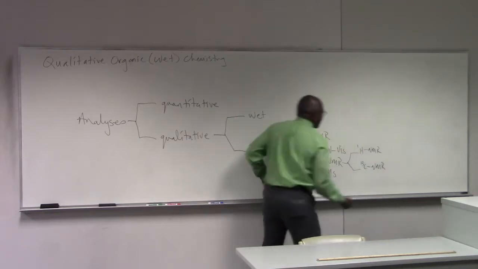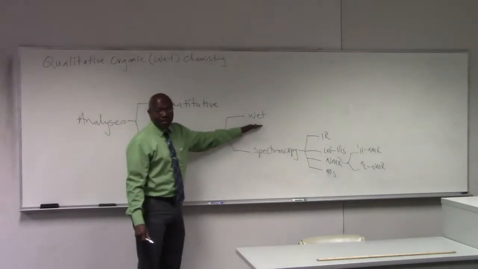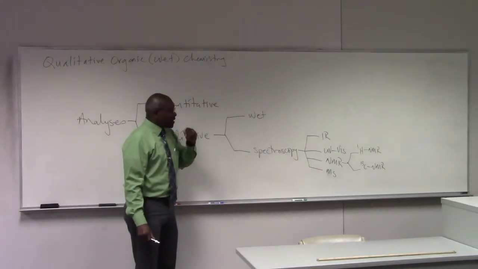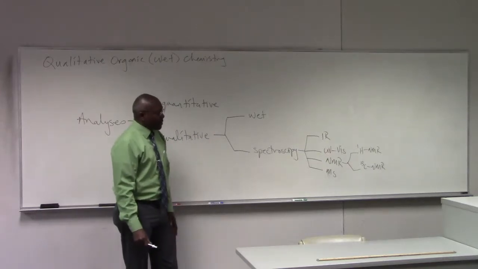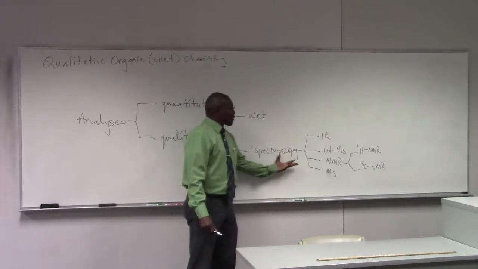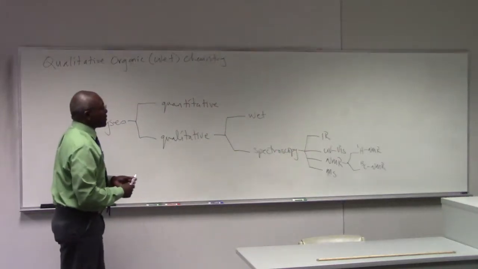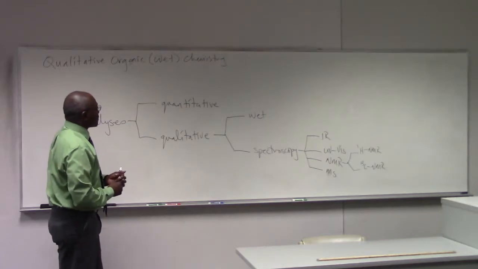So this is a preview of what's to come. We spend today's lecture on wet chemistry, and then over the course of really a week and a half, maybe 2 weeks, we'll be looking at spectroscopy, nuanced into those various subsections.